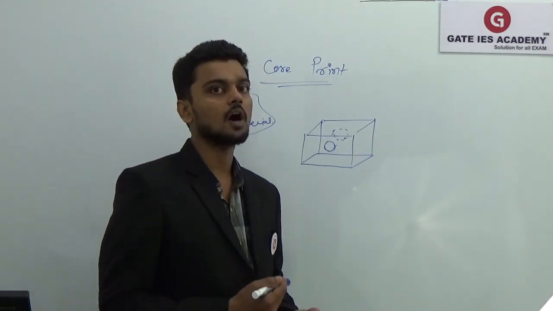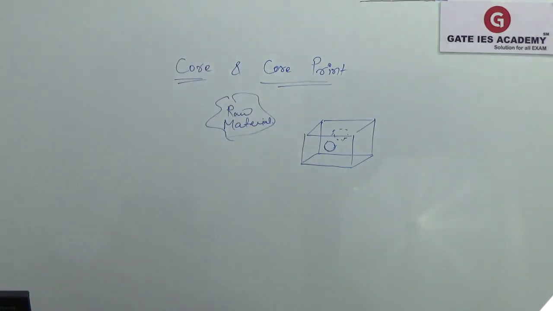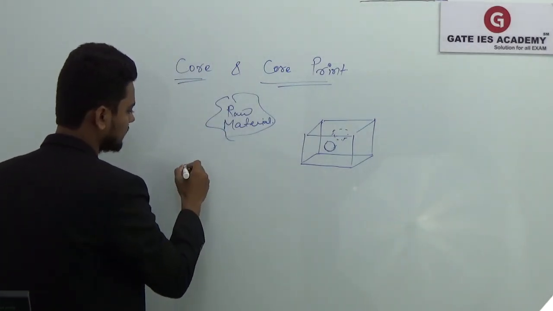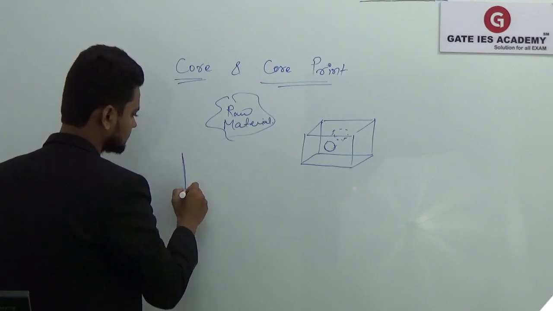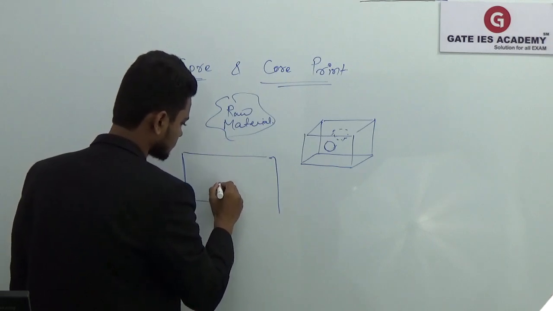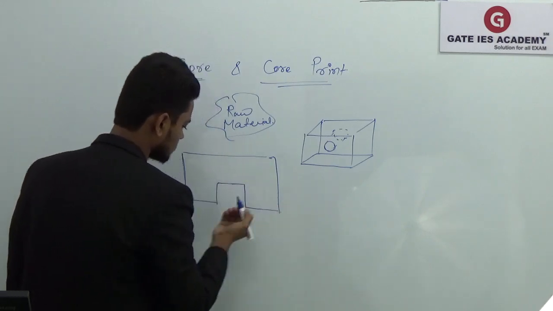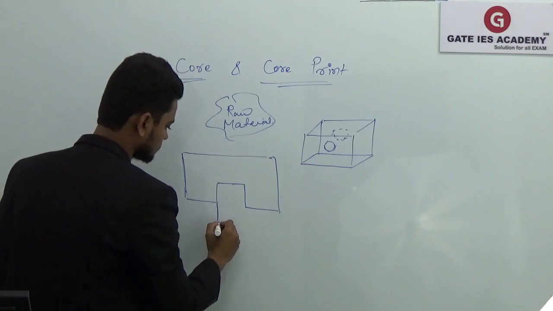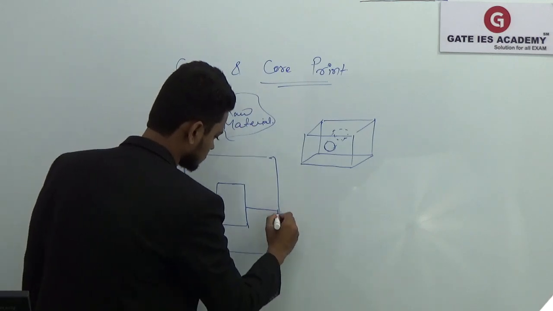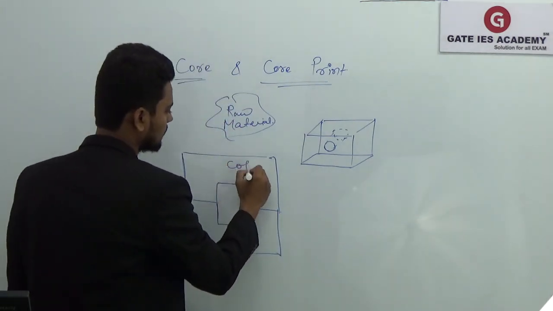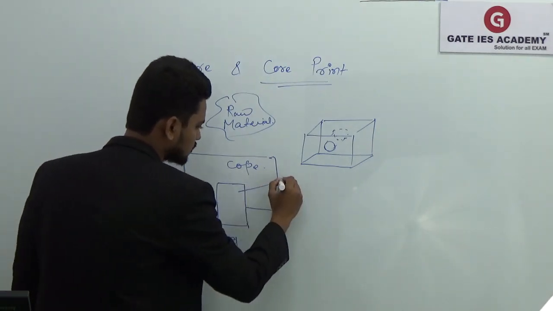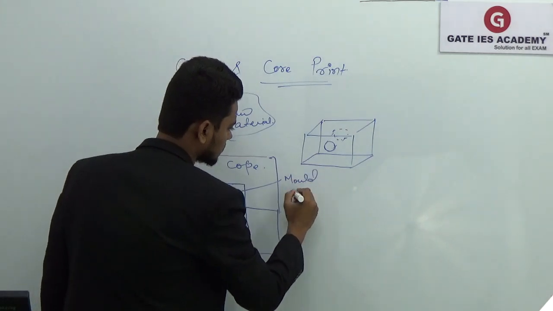Now the question is how to make that, by using the core. So it's a kind of pattern. So this is your core, this is your drag, and this is your mold cavity.